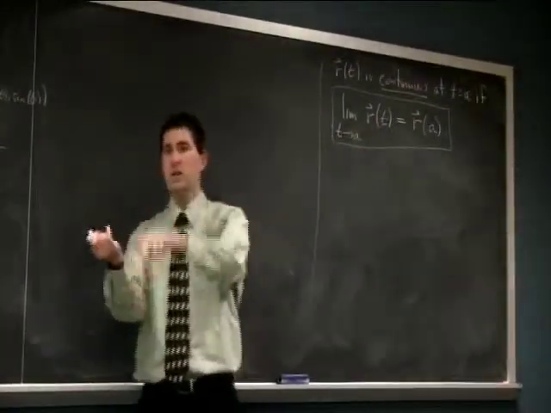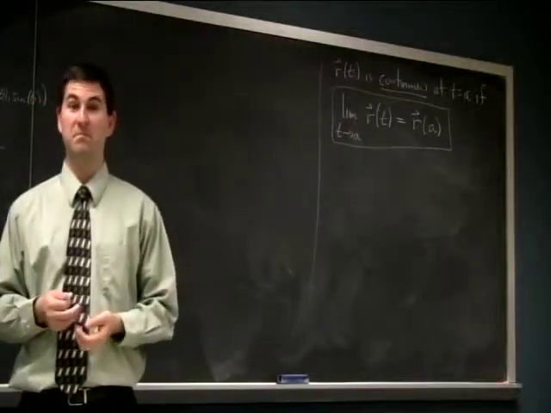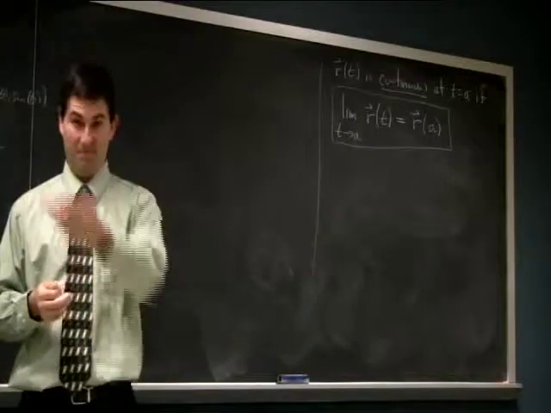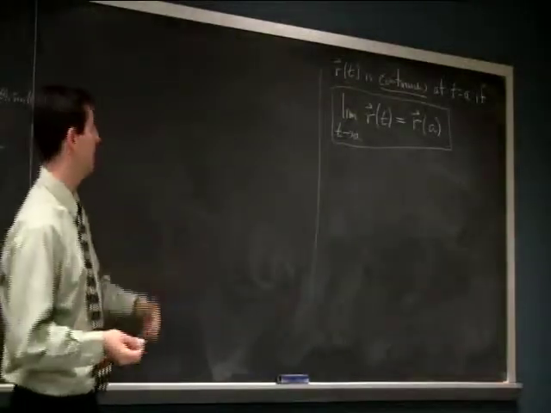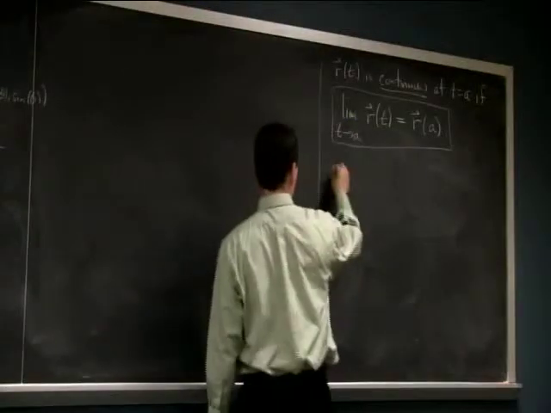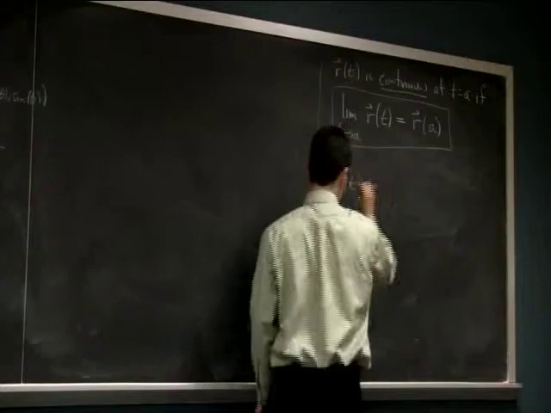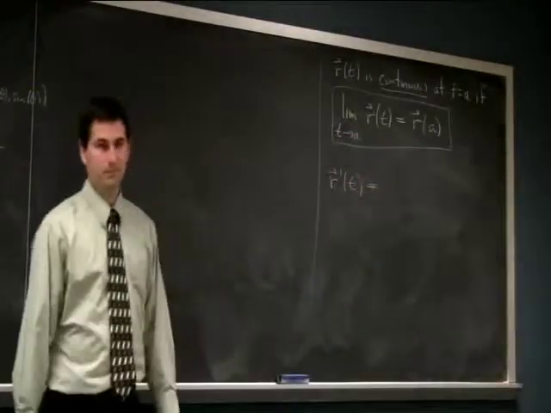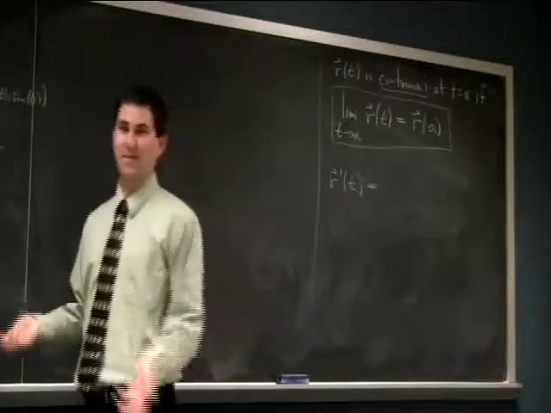Okay, so once you get limits and then you get continuity, then you're ready to define the derivative. So what should be the definition of the derivative of a vector function? What's the definition of the derivative of a regular function?